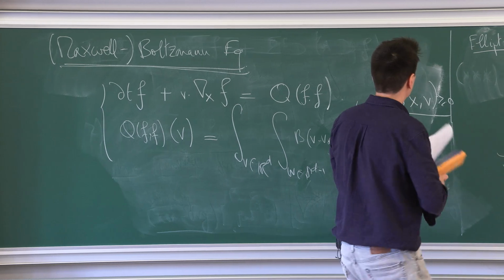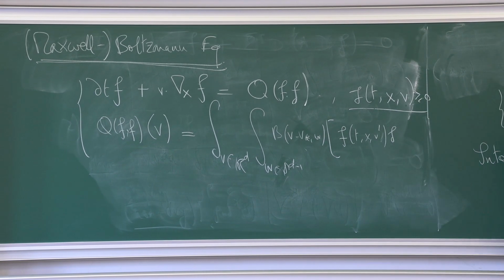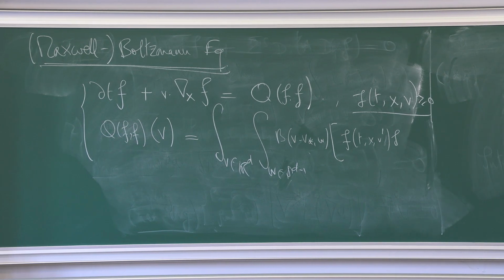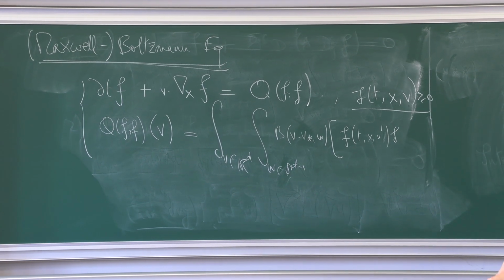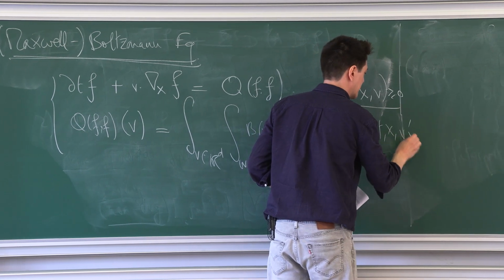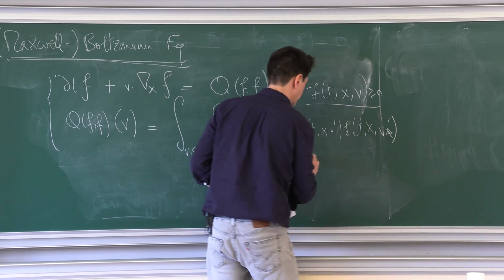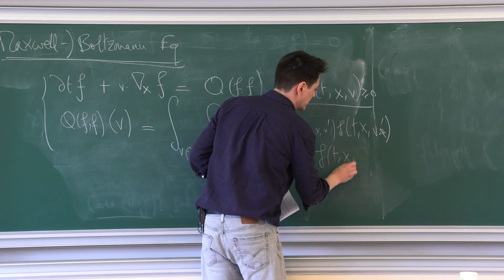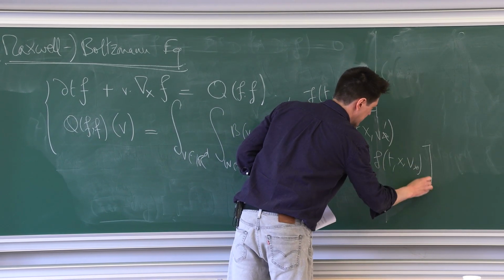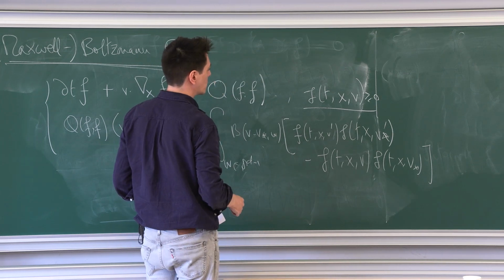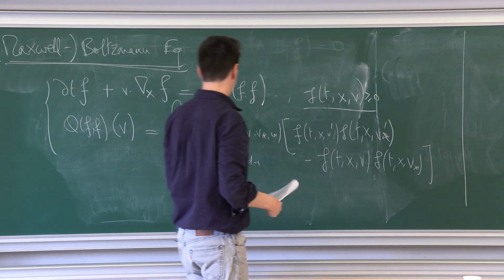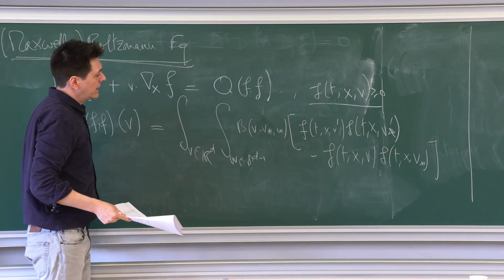I think I'm going to use the whole blackboard because this is kind of annoying. I will not write it again, so don't panic. Okay, so what is this? And then I'll write here the second most important equation in kinetic theory.